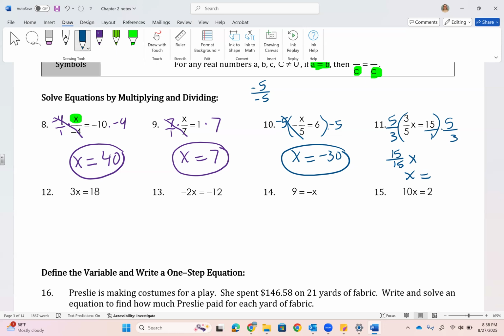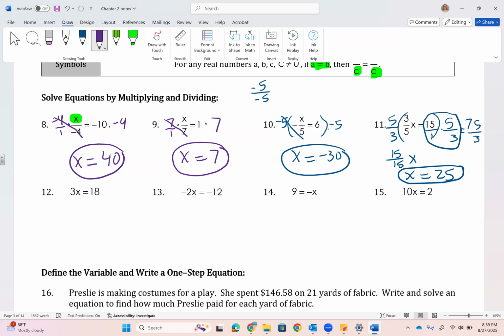If you don't have one that multiplies fractions, you times the top and get 75. You times the bottom, you get 3. Then you do top divided by bottom. 75 divided by 3 is 25. If you did have a calculator that did fractions, you could multiply these two together.